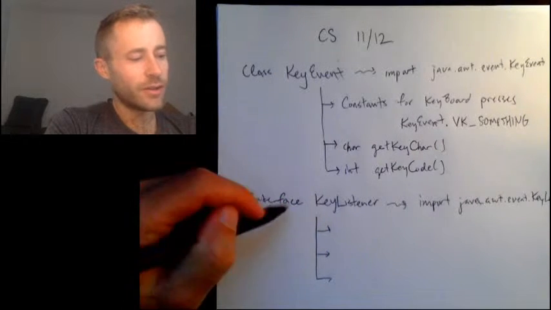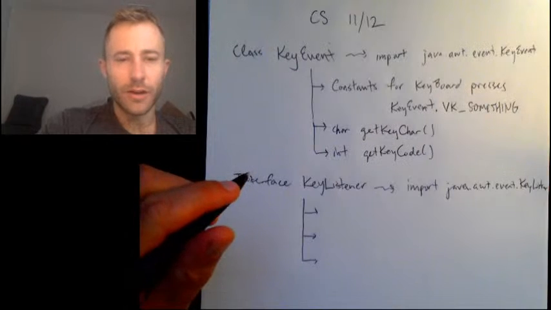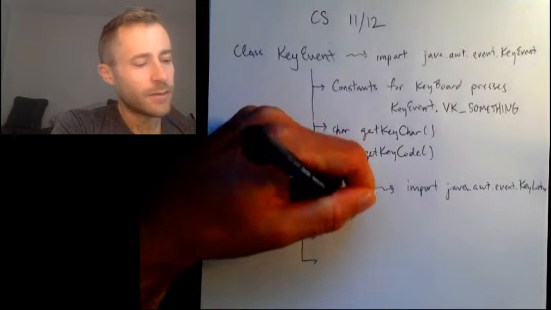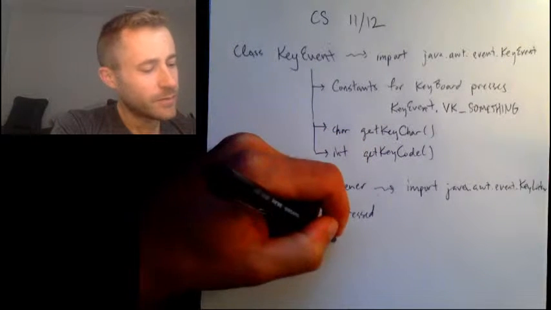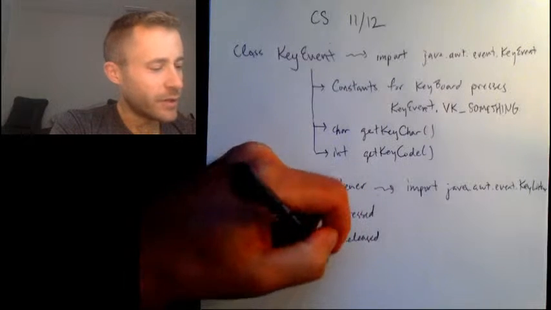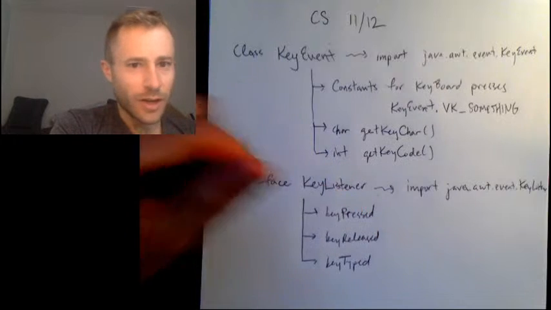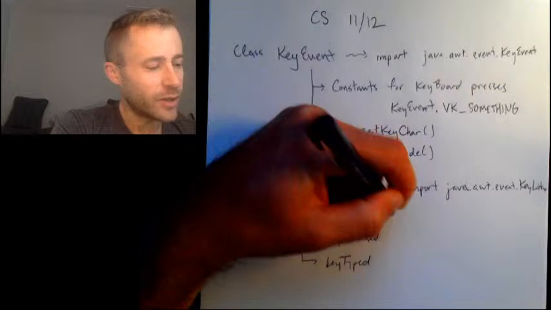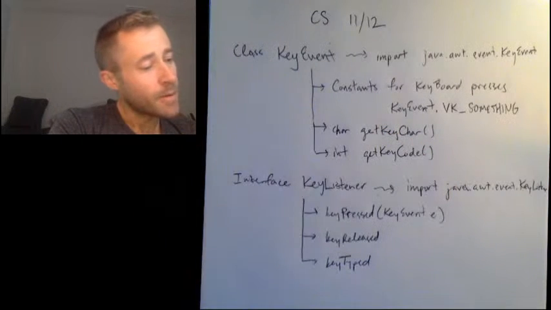So any class that implements KeyListener must have 3 different methods. One is keyPressed. One is keyReleased. And one is keyTyped. Now, even if you don't use them all, you still have to define them as just empty methods. All right, and they all take in a KeyEvent e.